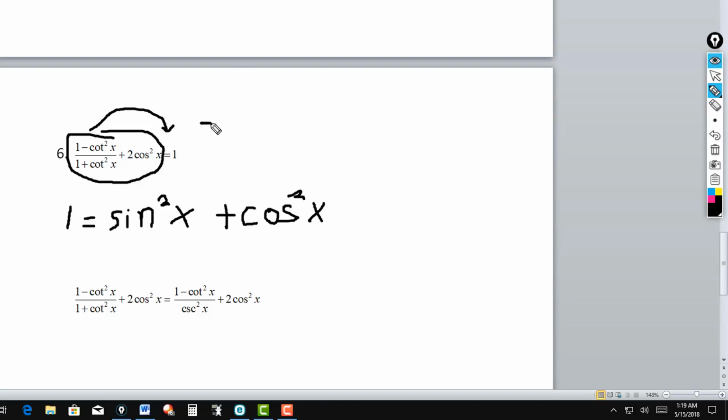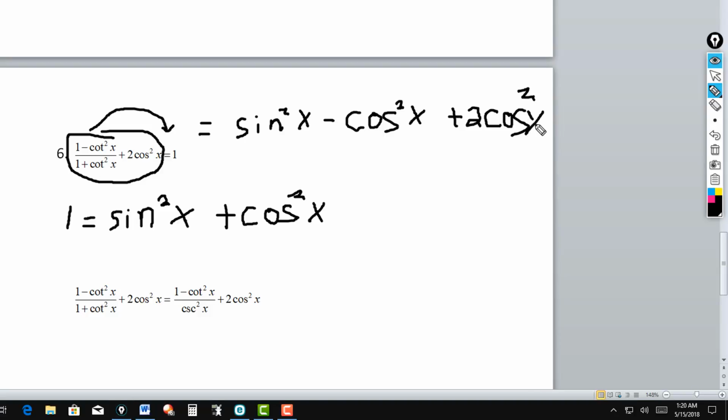So I'm going to say that this can be written as sine squared of x minus cosine squared of x plus 2 cosine squared of x.